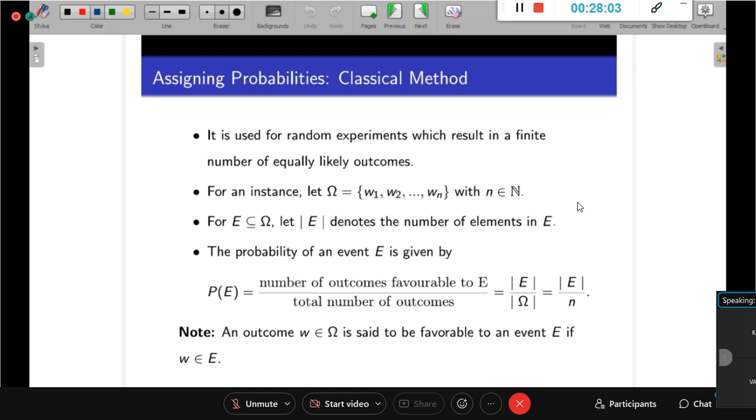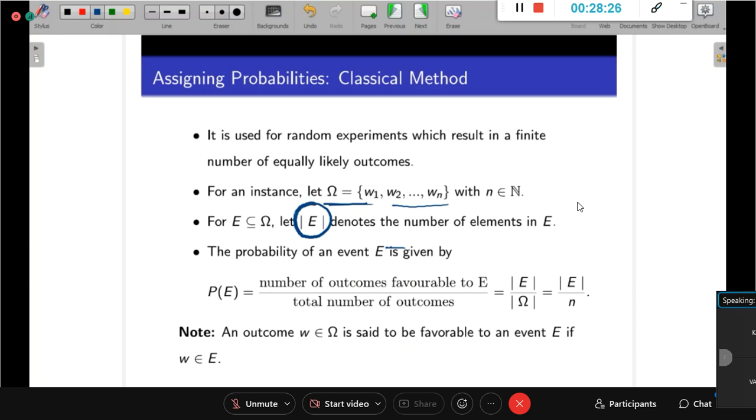You have the sample space omega, which has w1, w2, up to wn as the possible outcomes of a certain random experiment. Now, this is the notation. Please don't confuse it with the absolute value.